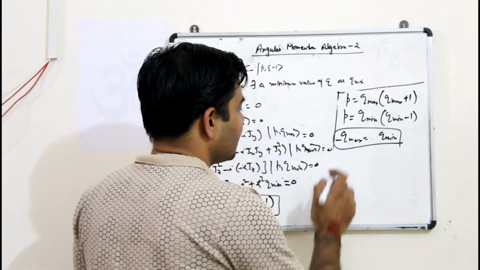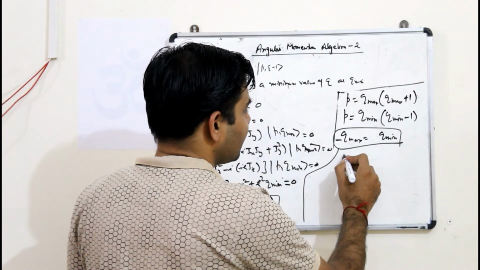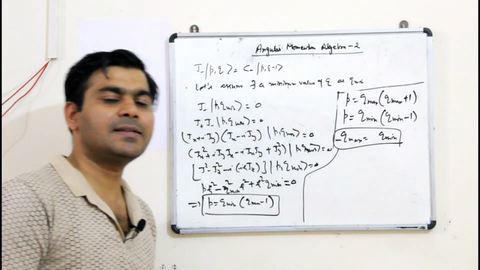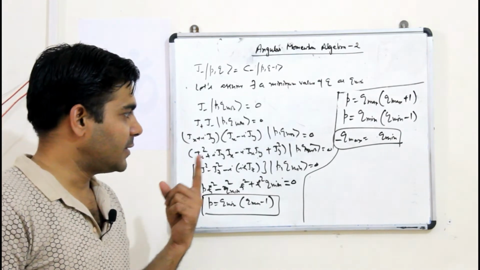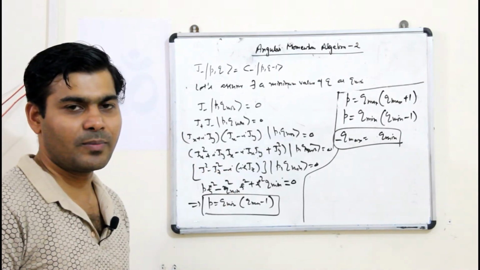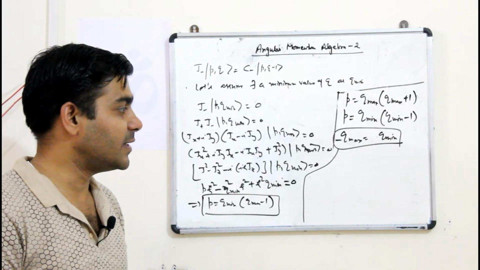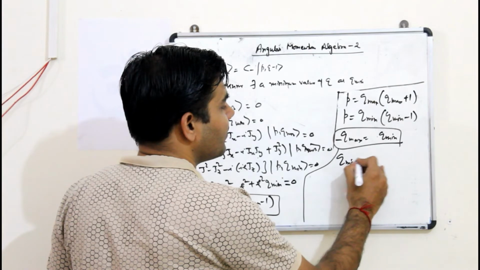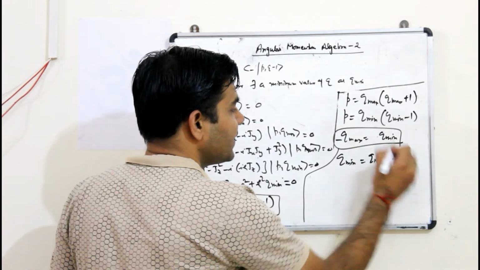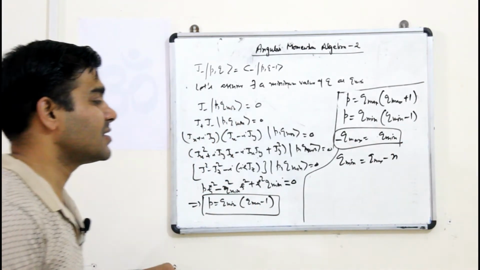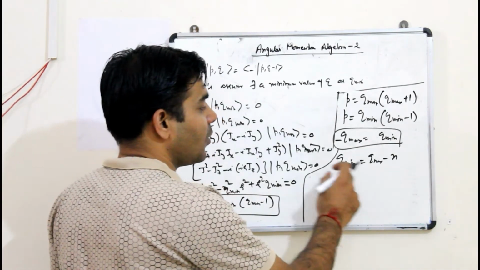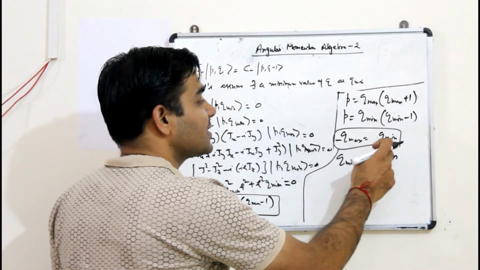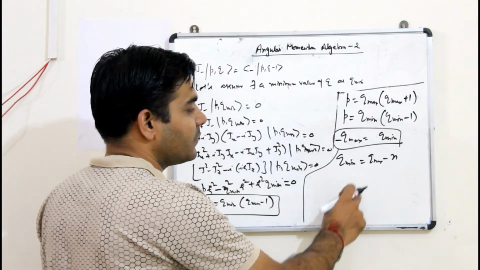All right, since the action of J plus and J minus is to increase or decrease the Q value by 1 in integer steps, the Q min can be obtained from Q max in, let's suppose, n steps. So Q max is equal to Q min plus n, or Q min is equal to Q max minus n, and we have just seen that Q max is minus of Q min.